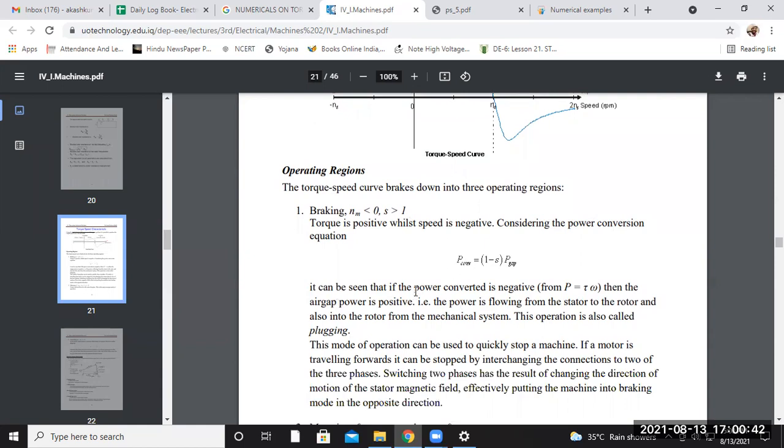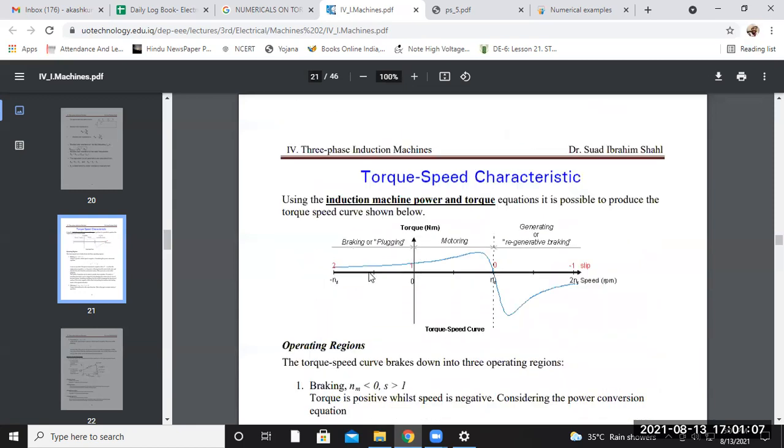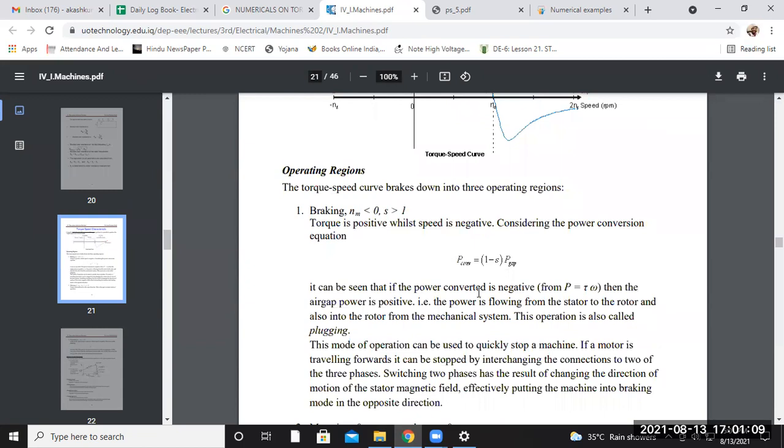It can be seen that if the converted power is negative, then the air gap power is positive. For that, the slip must be greater than 1.